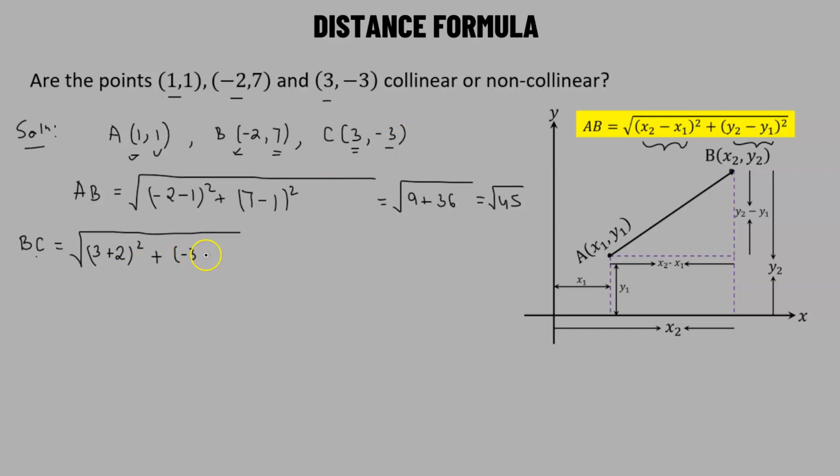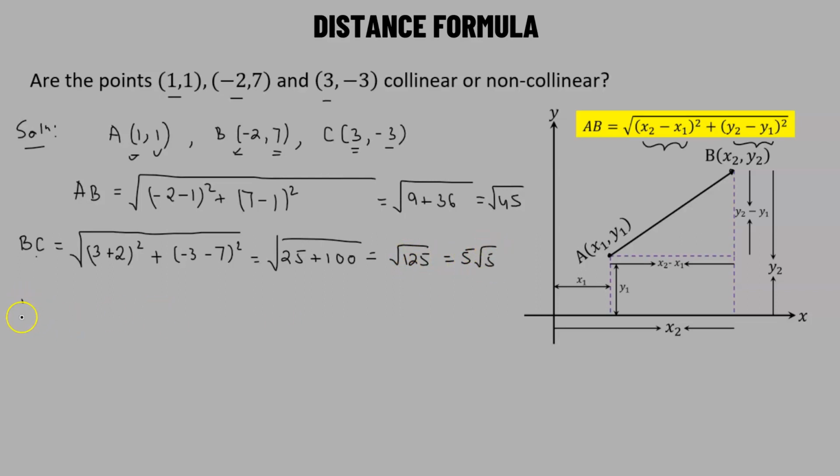We have -3 minus the y coordinate of B, that's 7. So -3 minus 7 squared. Let's find out the value. 3 plus 2 squared, that's 25. Plus -3 minus 7, that's -10. -10 squared is 100. So this will be equal to 125. So this is simply 5 square root of 5.